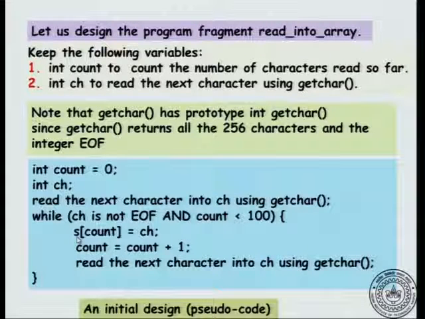The S is a character array, so technically it cannot hold an end of file, but if you think about it a little bit, you will see that we will never encounter a situation where we store end of file into the S array. Suppose the first character is end of file, then we will not even enter the loop.